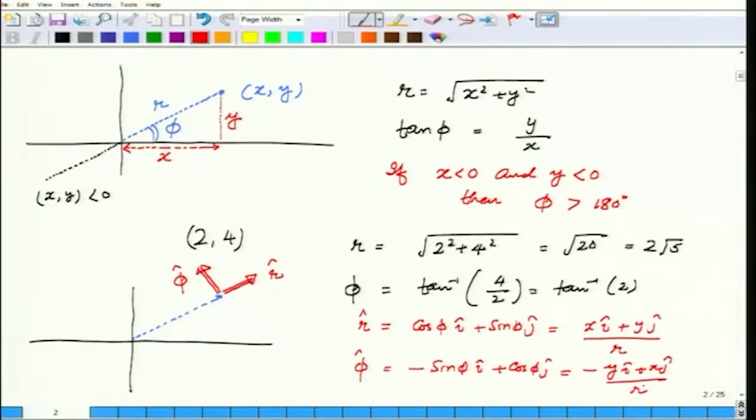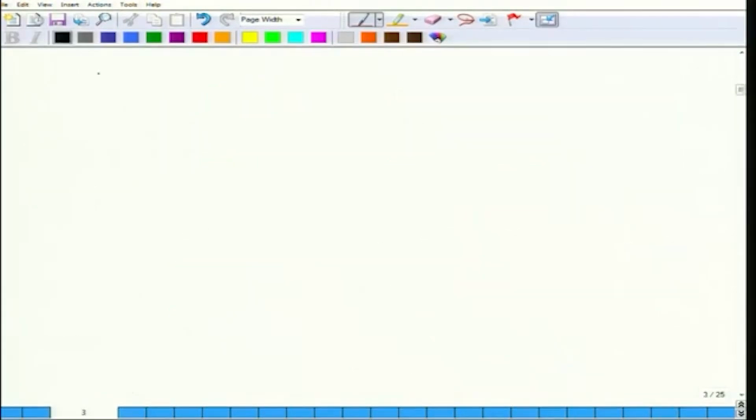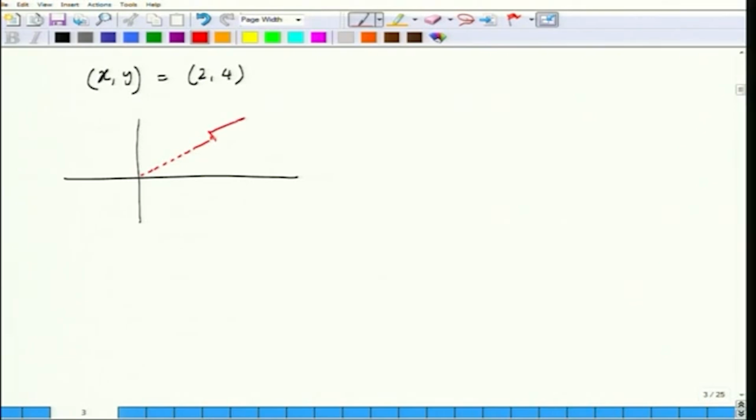And therefore, when I write for x, y equals 2, 4, the corresponding unit vectors at that position, so I'll again make it, and here is r unit vector, and here is phi unit vector.